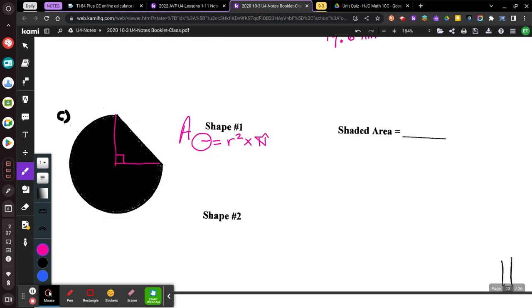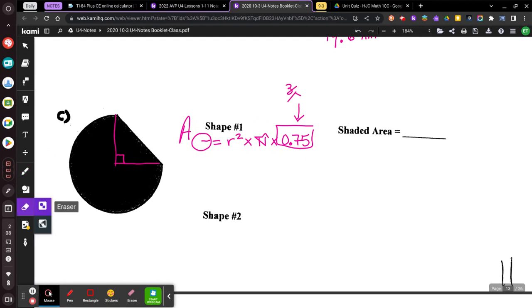But we've got 3/4 of a circle. So how do I take 3/4 of something? You times it by the decimal. What would 3/4 as a decimal be? 3 divided by 4, 0.75. So we're going to times this by 0.75. This means it's a 3/4.